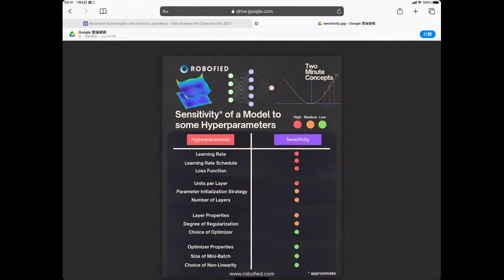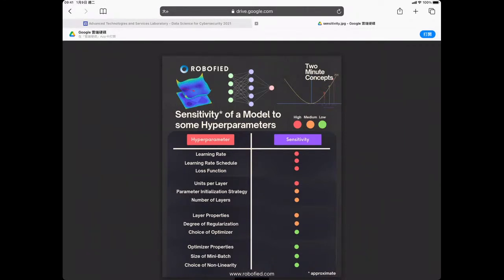But as I mentioned, even if you don't choose a different parameter initialization strategy, if your learning rate and your optimizer are good enough, they will gradually change those weights. Although the speed of changing those weights would be a little bit slower, eventually they will find the direction of the lowest loss function value.